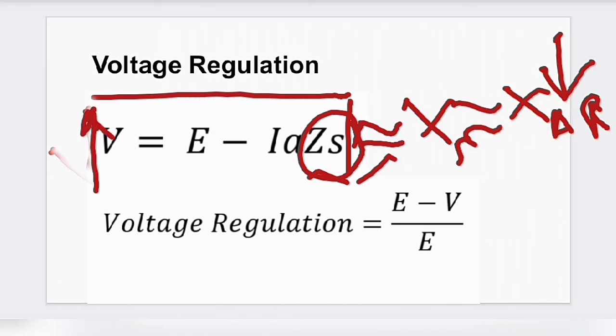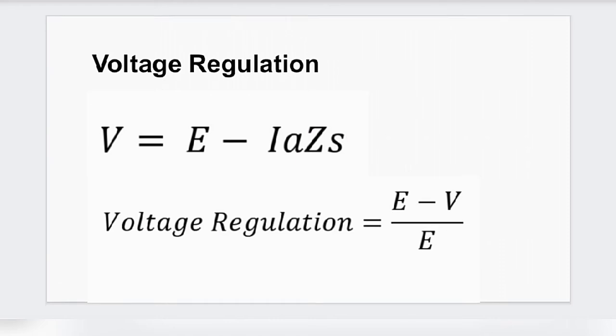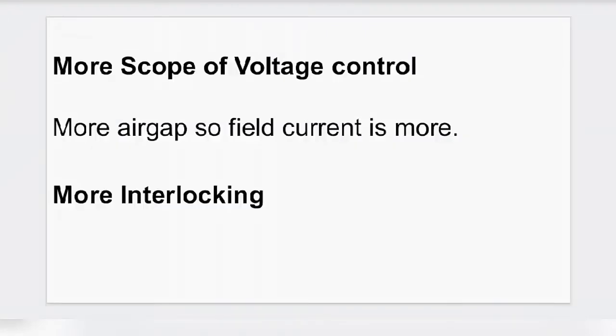So V increases, and the regulation decreases. Voltage regulation is inversely proportional to the terminal voltage, and we want 5% voltage regulation for better stability in an alternator. This can be achieved if we increase the size of the alternator. So we will go for the next slide.